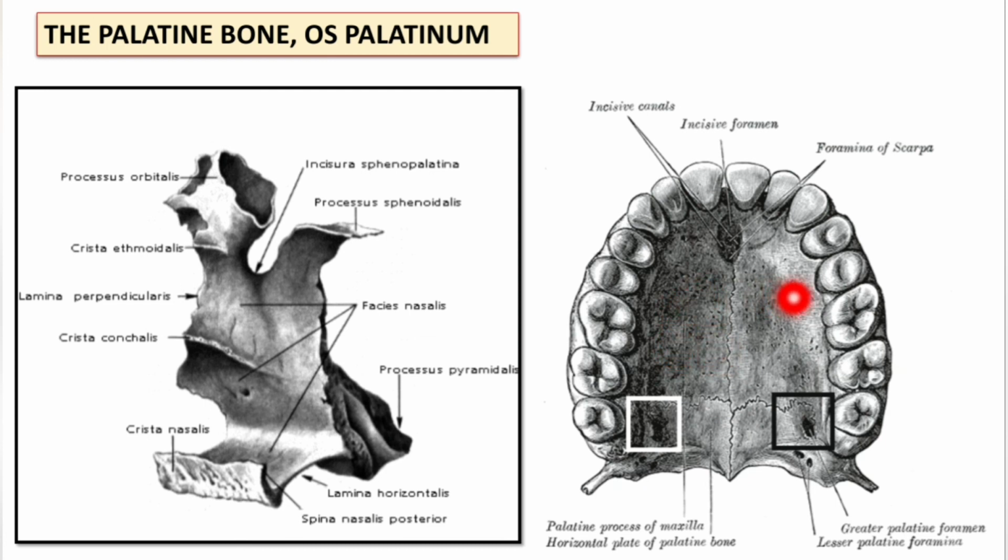These are the palatine processes of the maxilla, forming the anterior part or the most part of the bony palate. And on the back here, you can see these horizontal plates. These are horizontal plates of the palatine bone.